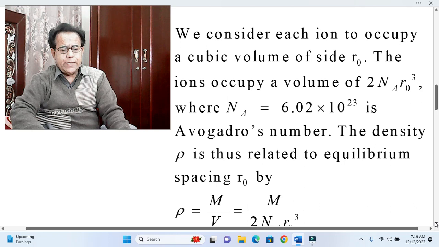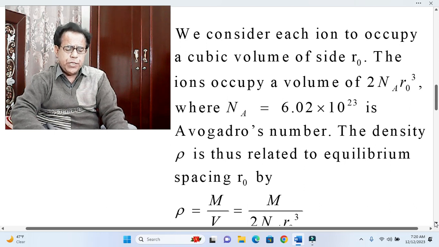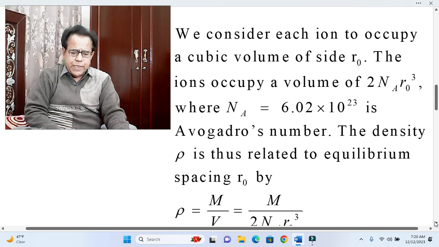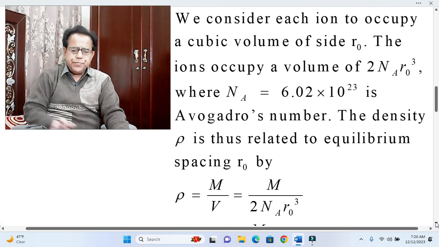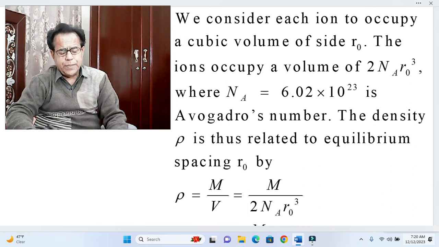The density rho, this symbol is called rho, is thus related to equilibrium separation R naught by rho equal to M over V equal to M over 2 N_A R naught cubed. Density is denoted by the Greek alphabet rho.